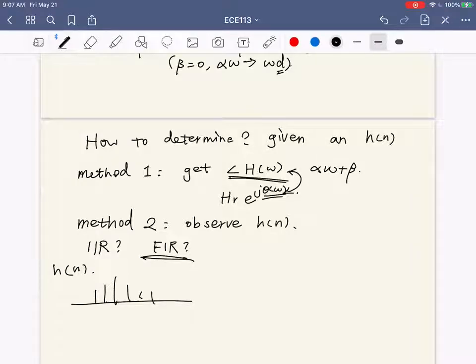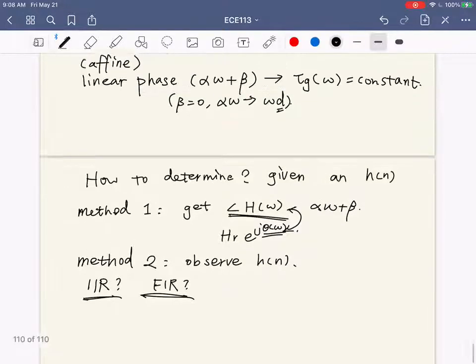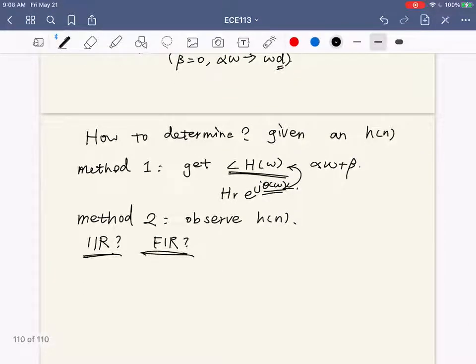And we have an important conclusion, which is that an IIR can never have linear phase if it is causal and stable. And usually we want a filter to be causal and stable, right? Given this prerequisite, IIR can never have linear phase.